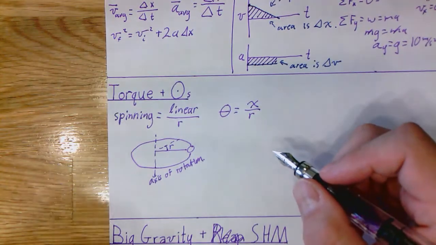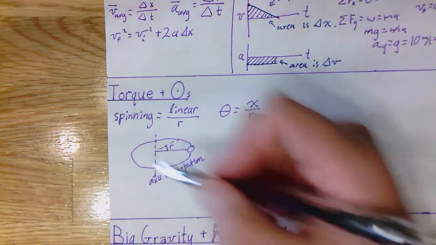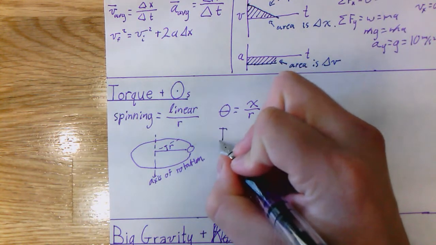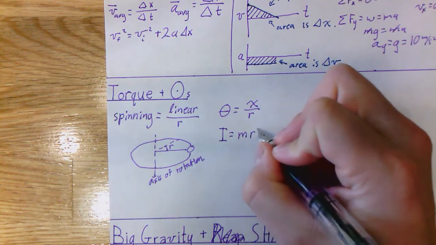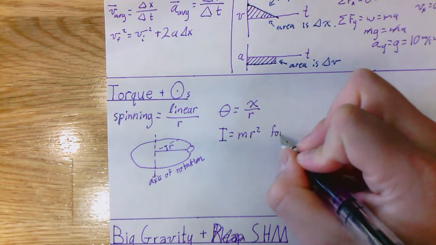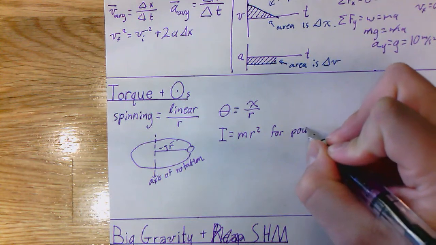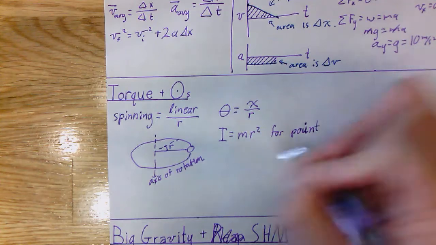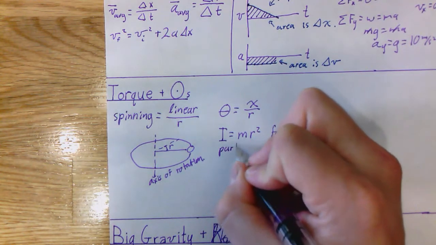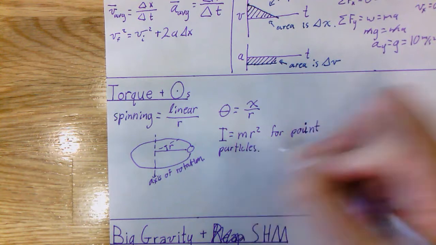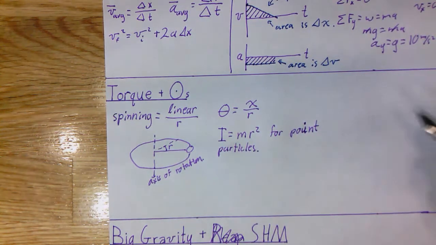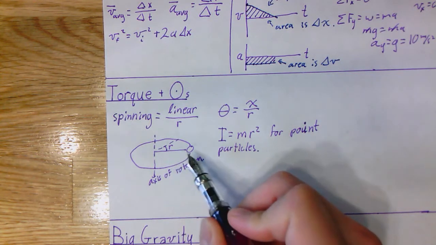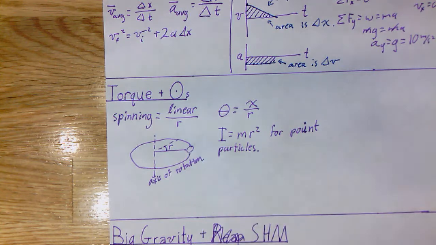Okay, the other important idea we want to understand for basically anything that's going to be spinning is the idea of moment of inertia. So I equals mr squared for point particles. Point is an I, yeah, that's a cursive I. So basically what that means is that we just need something small compared to this R. Like this, we could probably consider a point particle.